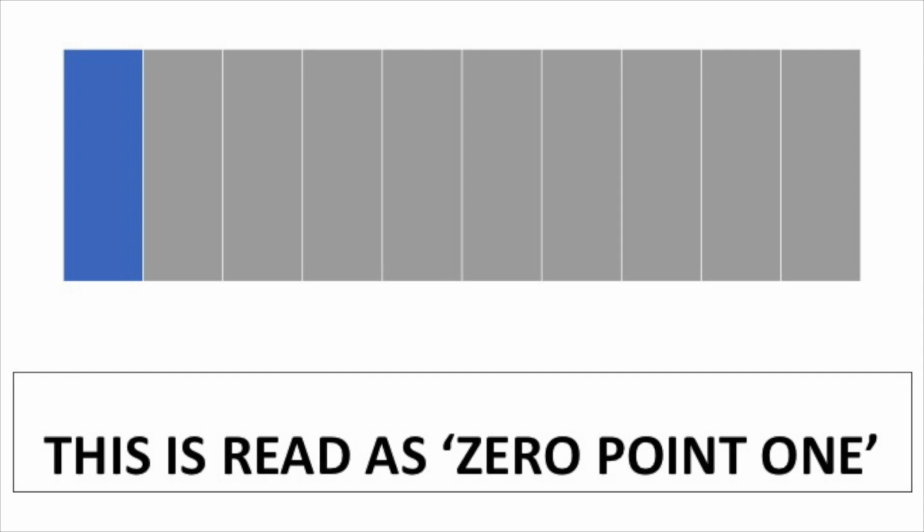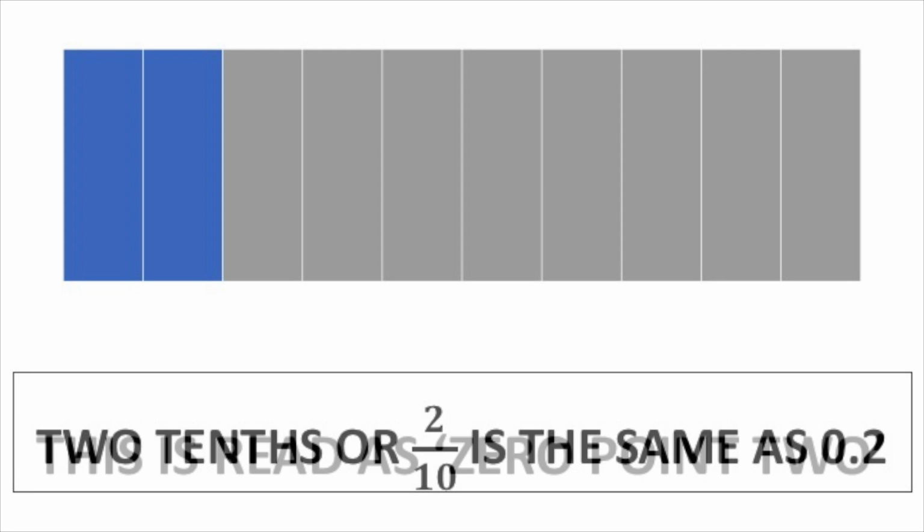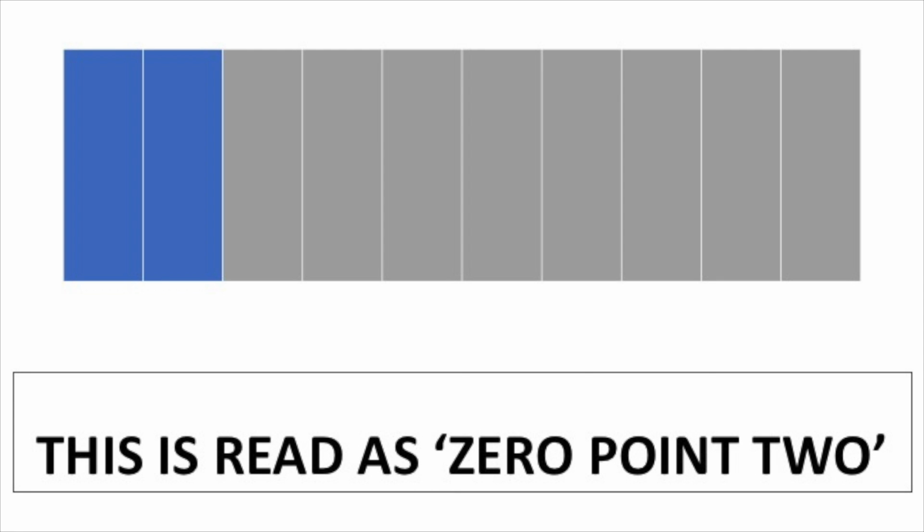You just need to know what words to use. Now, how about this one? How many parts of the bar now are coloured or shaded? 2. 2/10 is the same as 0.2. And how do we write 0.2?